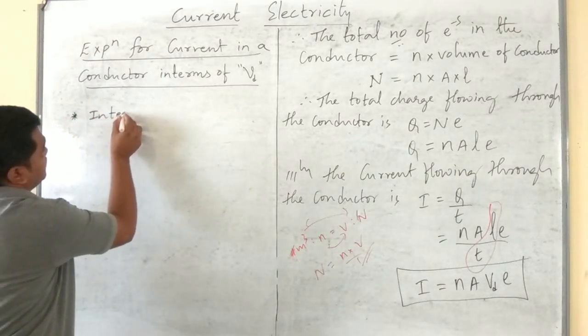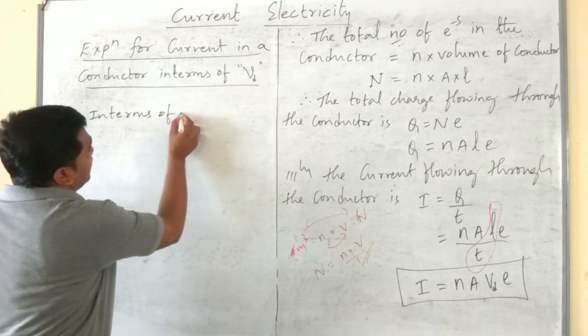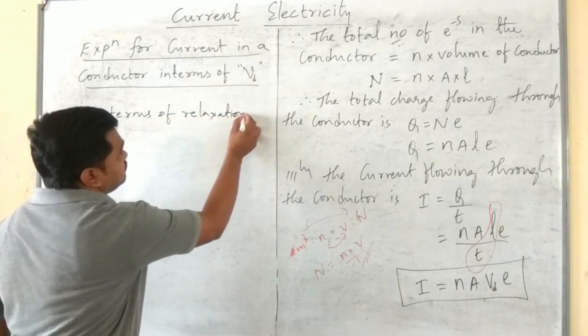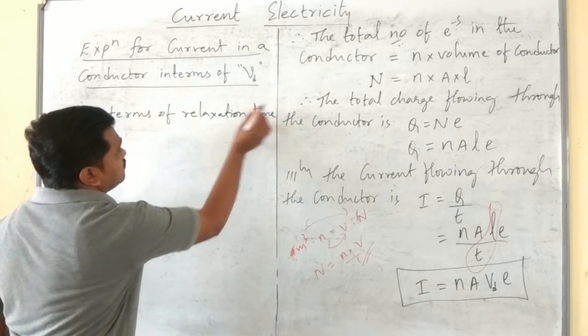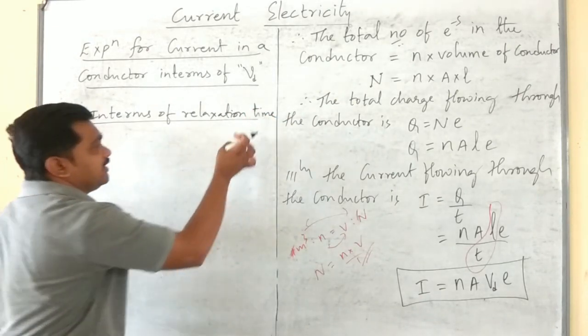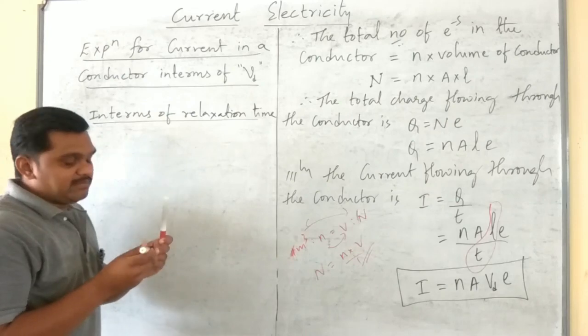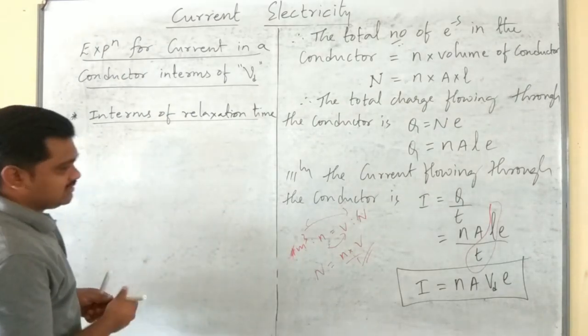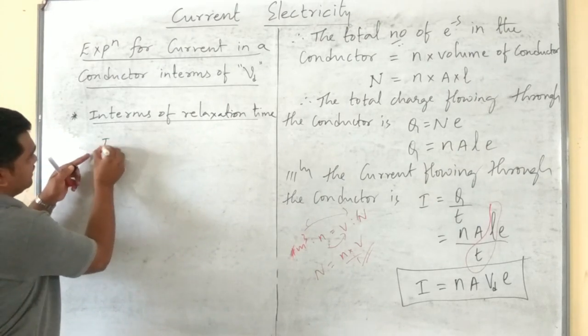In terms of relaxation time. What is relaxation time? Relaxation time is the time interval between two successive collisions of the electrons.